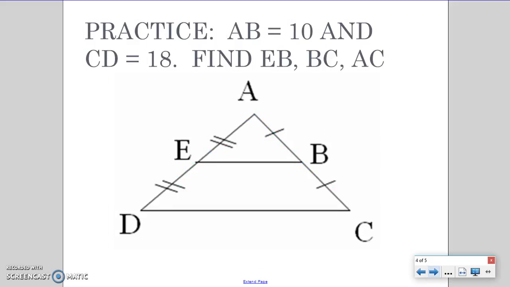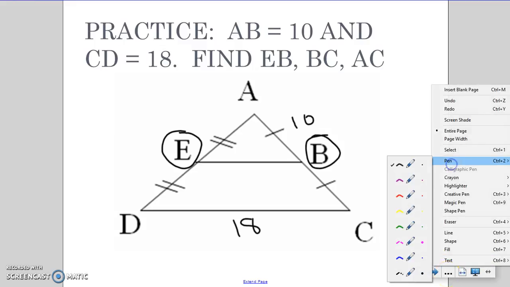Here's another example. In this case, I didn't tell you if there were any midpoints on the picture, but you should be able to use your tick marks to jump to the conclusion that both E and B are midpoints. So I can now come onto the picture and say, okay, AB is 10, CD would be 18.